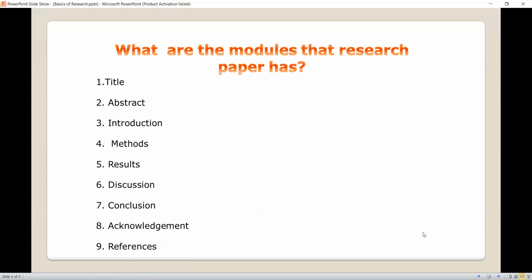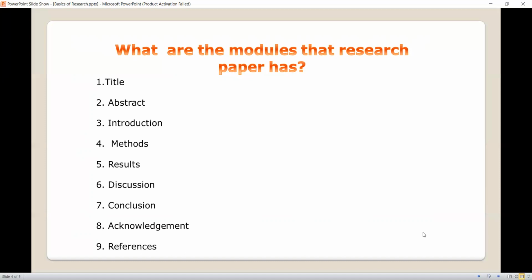So these are the modules which a research paper contains. And let's see one by one. When you see the title, it contains the title of the paper, what we have chosen as the subject or topic, and then the authors' names and the corresponding names of the institute where they are working or studying.